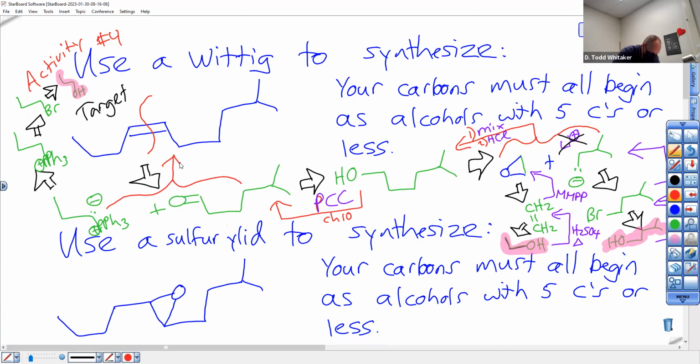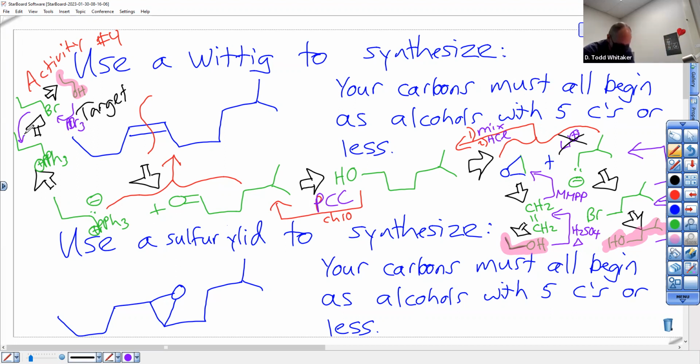Alcohol becoming a bromide. We did that earlier on the same retro. PBr3. Yeah, you're getting multiple points for the same simple reactions over and over. That is paying off when you review. And then how do you make that into the precursor to the ylid? PPh3.